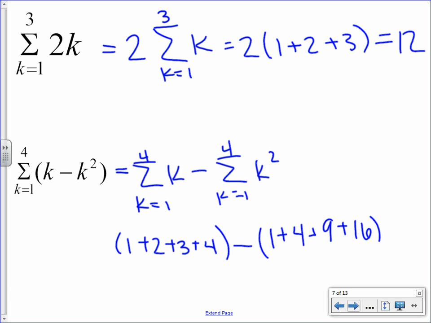Only to 4. So stop at 16. But this is kind of nice because I know 1 minus 1 cancels out and 4 minus 4 cancels out. So we really have 5. Negative 20. Negative 20. Oh my goodness. In fact, that's minus 3 points. I'm just sneaky like that.